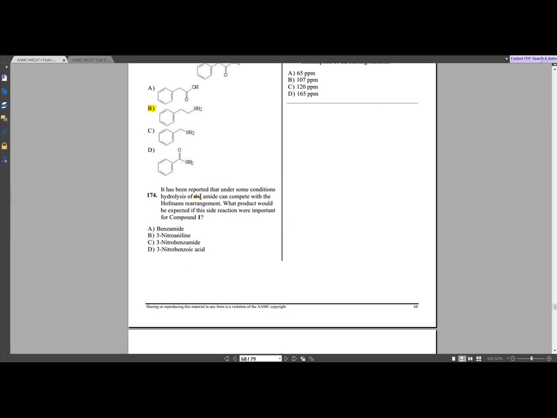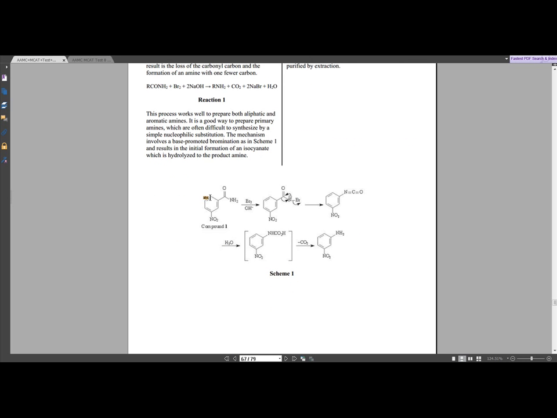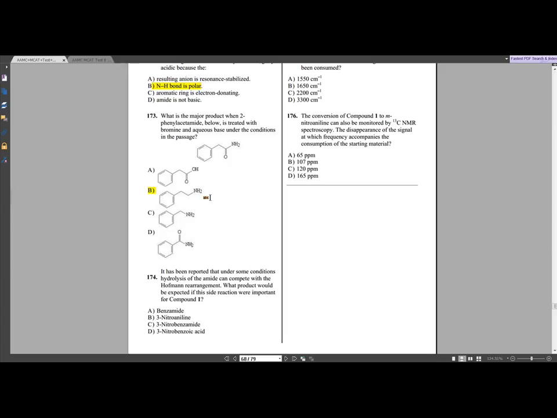It has been reported that in some circumstances hydrolysis of an amide can compete with the Hoffman rearrangement.